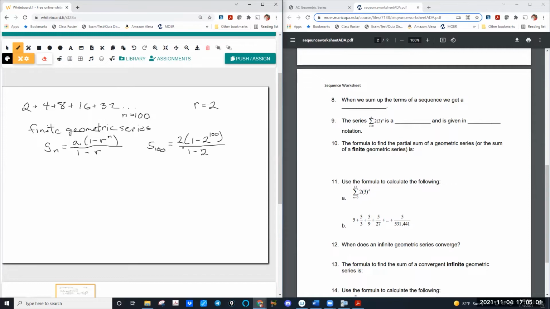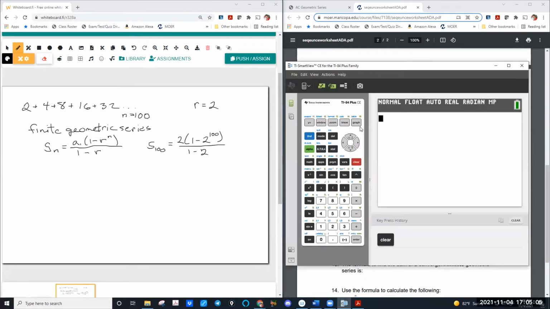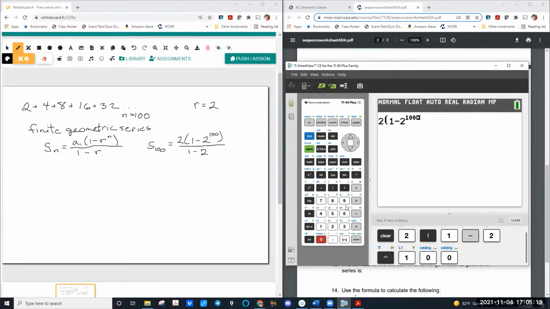That is something we can very quickly put in the calculator to get the sum of. So let's do that. 2 times 1 minus 2 raised to the 100th, and I think you'll agree this is much quicker than finding the first 100 terms and adding those up.